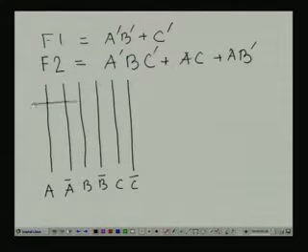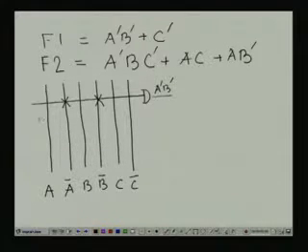So, one cross will be here, one cross will be here B dash. So, if I put one and get, this is A dash B dash.